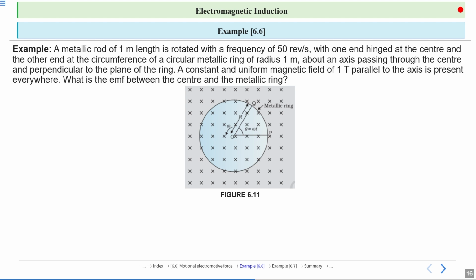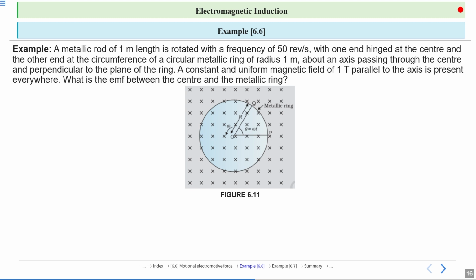Now, with one end hinged at the center and the other end at the circumference of a circular metallic ring of radius 1 meter, about an axis passing through the center and perpendicular to the plane of the ring. A constant and uniform magnetic field of 1 Tesla parallel to the axis is present everywhere. Okay, so the magnetic field is uniform across the region. Now, what is the EMF between the center and the metallic ring?